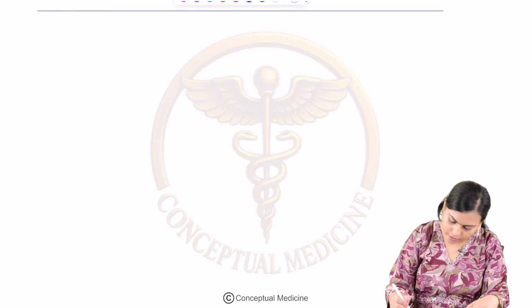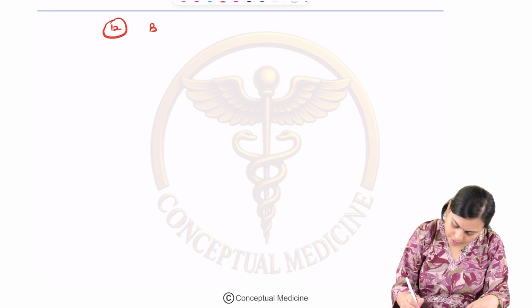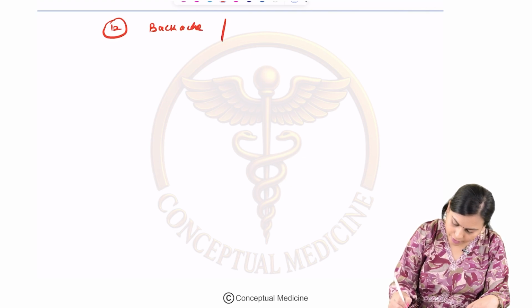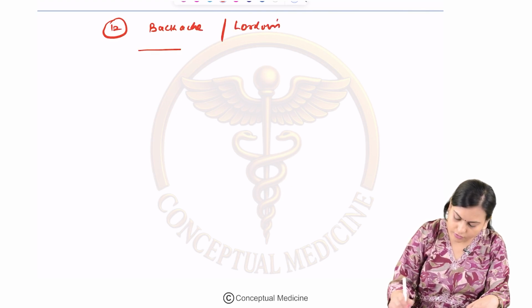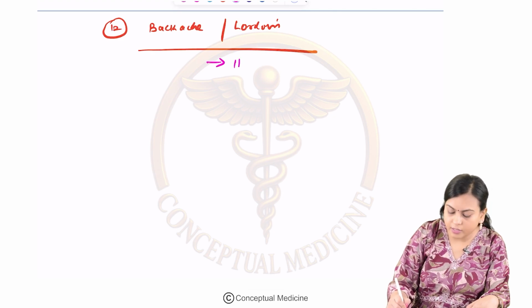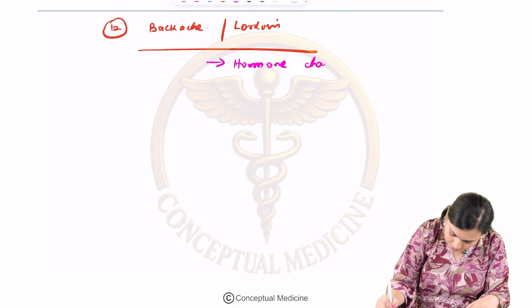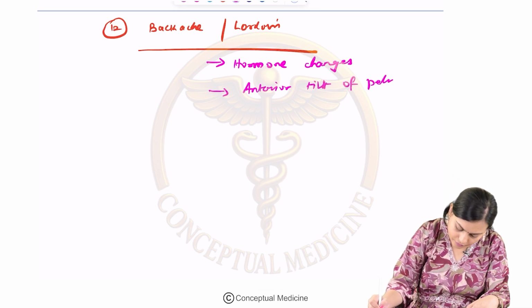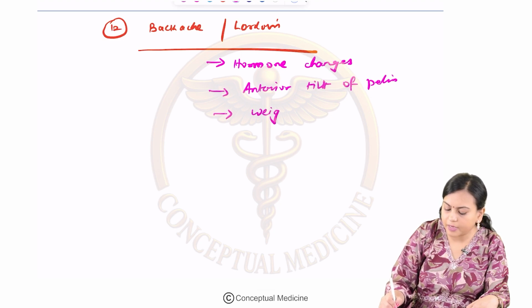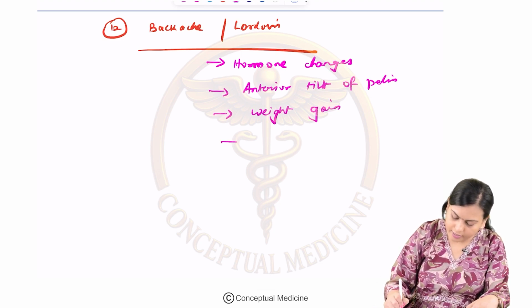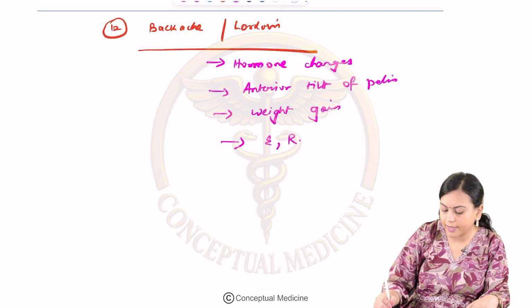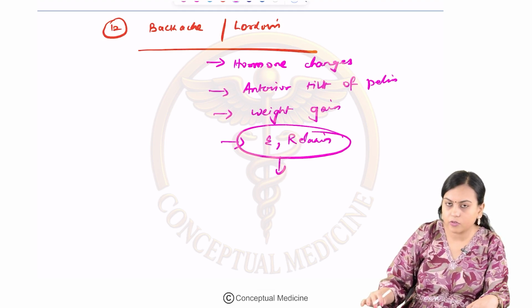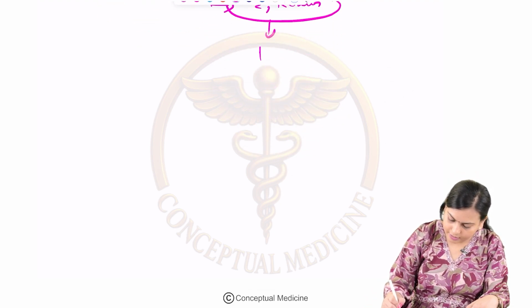Yes. And sometimes some patients may even complain of backache, and there is lordosis of pregnancy, and this can happen due to hormone changes. And there is an anterior tilt of the pelvis, that can happen due to weight gain also, and especially the hormones estrogen and relaxin are going to cause what? Laxity of the joints.